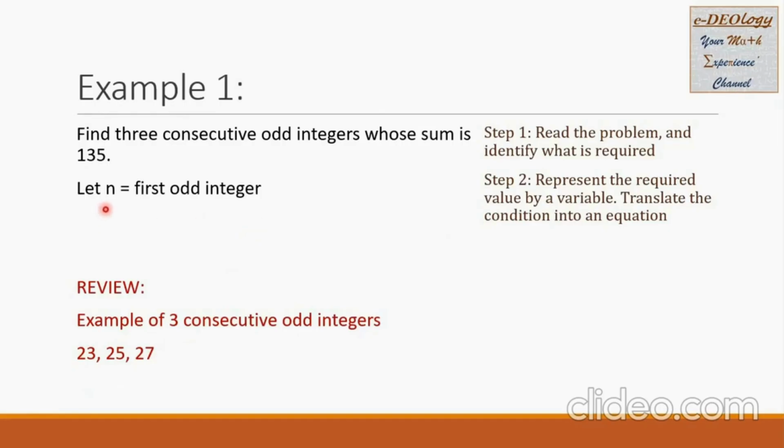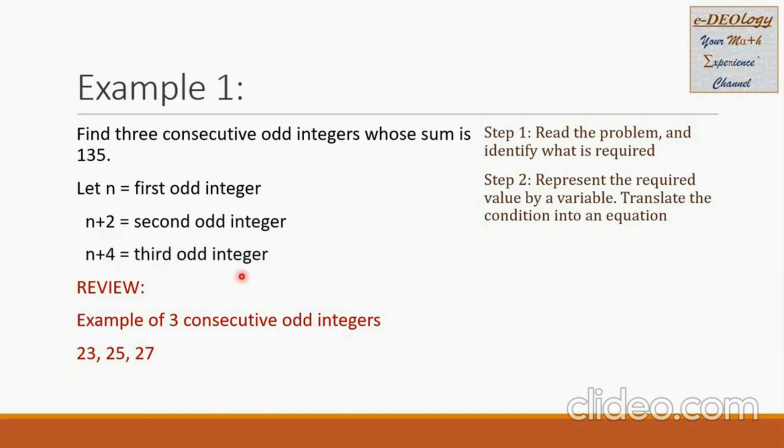Let n be the first odd integer, and for the second odd integer we will write n plus 2. As we see here in the example, the difference between one odd integer to the next is 2. So we will put here n plus 2.